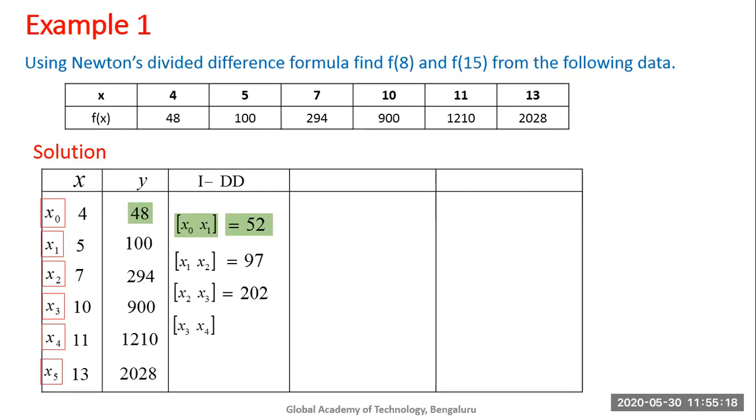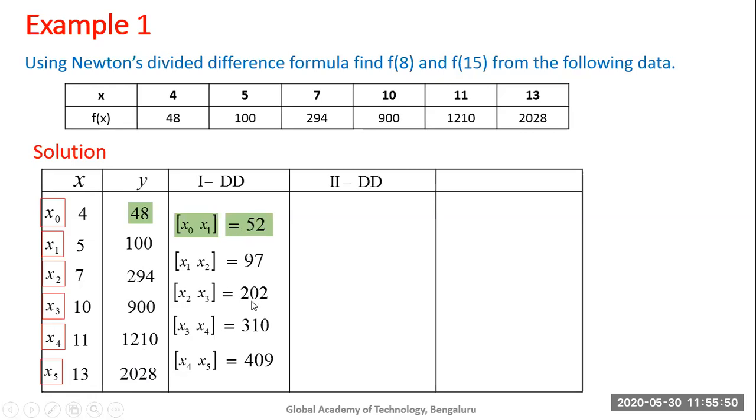Then x3, x4 is 1210 minus 900 divided by x4 minus x3, that is 11 minus 10, and you get 310. Similarly, x4, x5 is 2028 minus 1210 divided by x5 minus x4, that is 13 minus 11, which is 2. You get it as 409. So these are all the first divide differences.